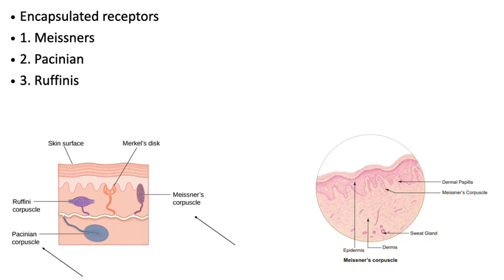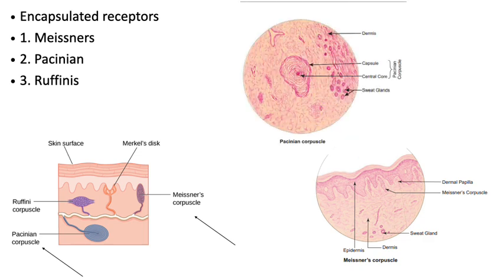It has concentric layers, and it is also present in ligaments, joints, joint capsules. Okay, so sensitive to pressure and vibration. I think I have a picture of the Pacinian corpuscle. Yes, this is showing you the proper lamellae, concentric lamellae.